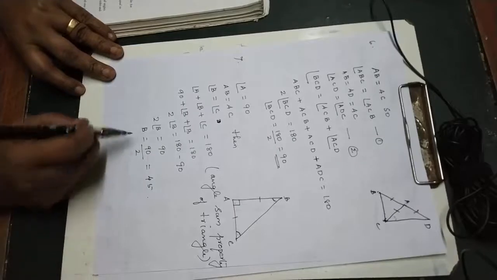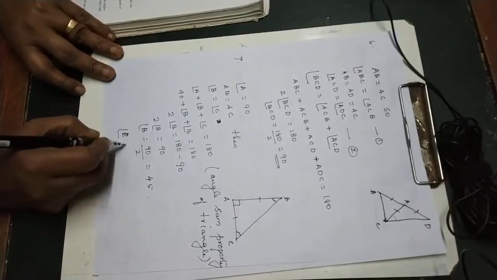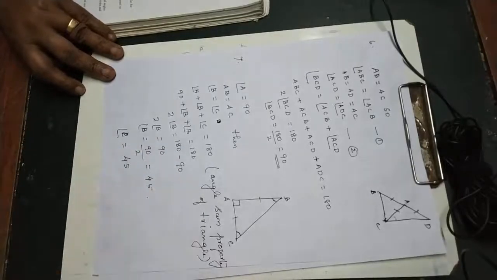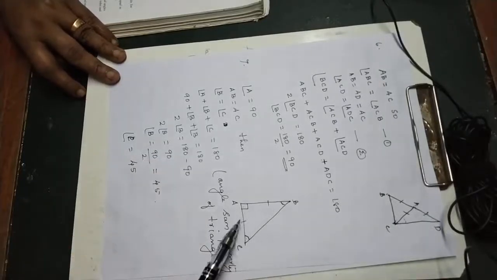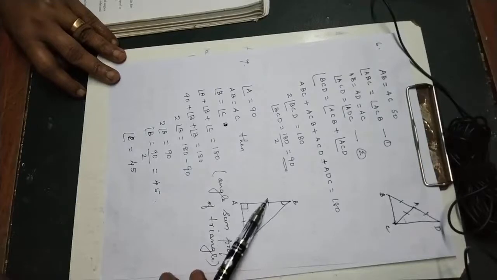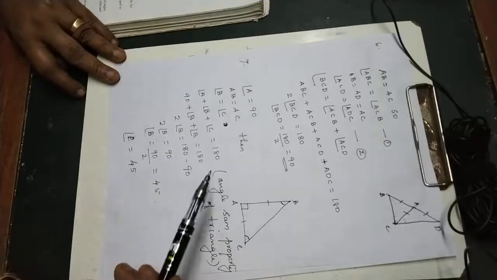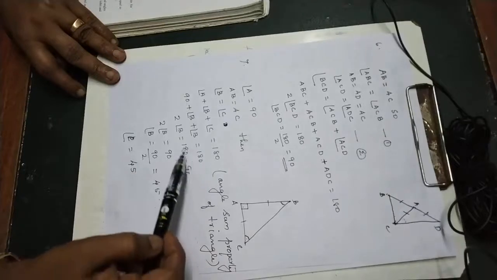Okay, now if B is equal to 45, angle C will be also equal to 45 because B and C are equal. Okay, so how we started, first we took that angle A is equal to 90 degree, then AB equal to AC means angle B will be equal to C, then A plus B plus C equal to 180, that is 90 plus B plus B equal to 180.